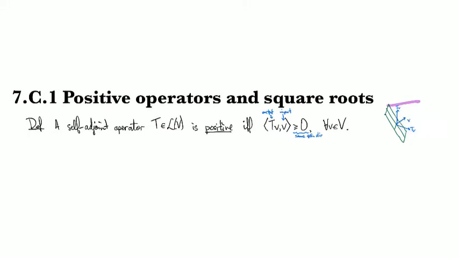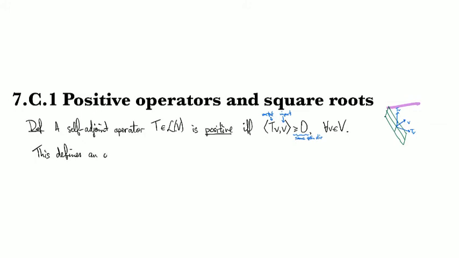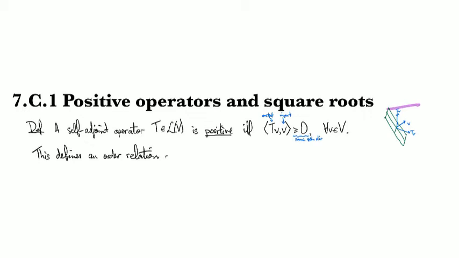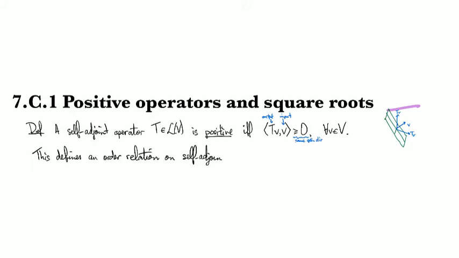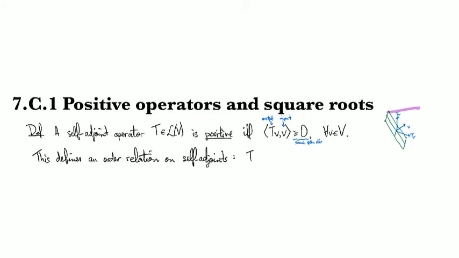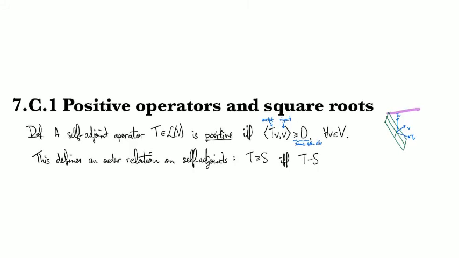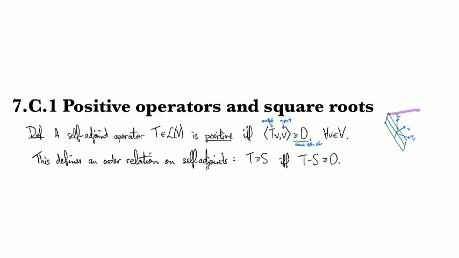So that's the idea of a positive operator, and this actually defines an order relation. This is sometimes called the standard order relation on the self-adjoint operators. We say that T is greater than or equal to S if and only if T minus S is a positive operator.